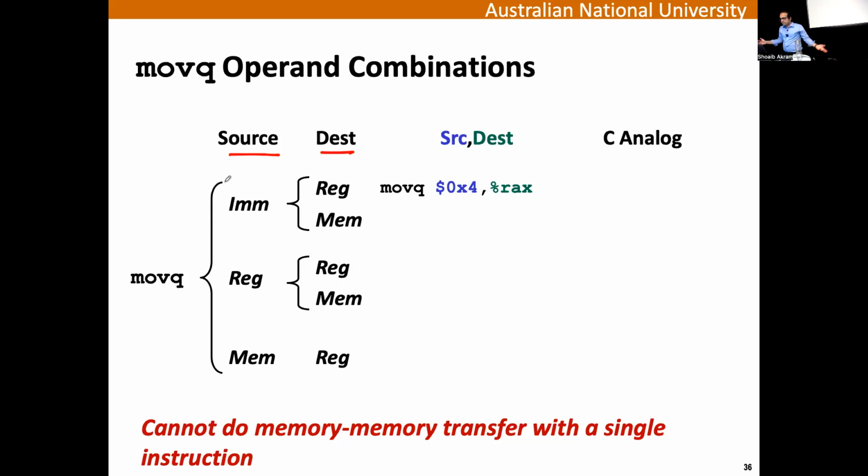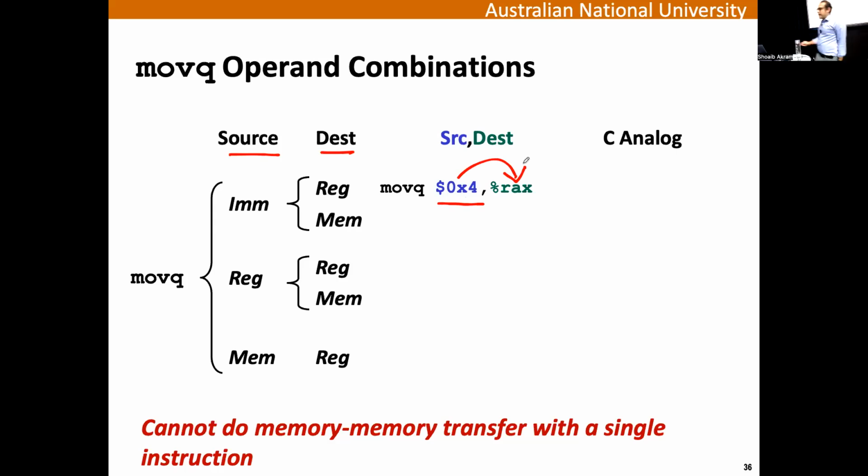So here's a starting example. You are moving a constant into a register. Quickly make up a C statement that is equivalent to this. Don't define it, don't declare it.